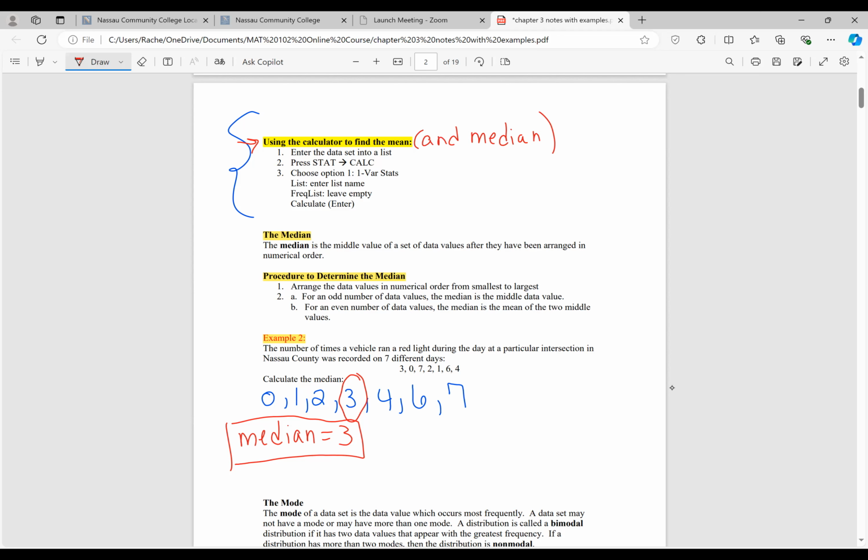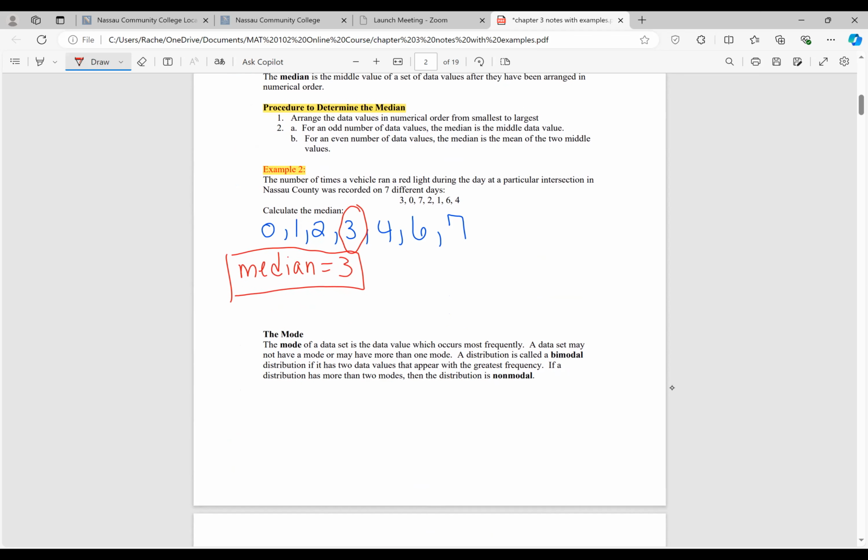So if you want to pause for a minute and enter these numbers into your calculator, and you don't have to sort them. That's the nice thing about the calculator. If you're going to find the median by hand, you have to sort the data. But if you're going to use the calculator, you could enter it in the order that it appears on the paper. So I want everybody to enter this data set with these 7 numbers.